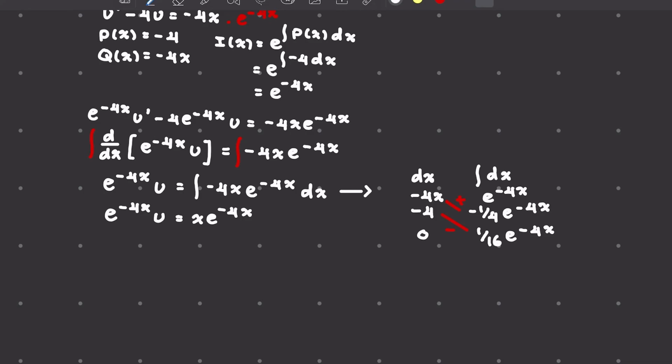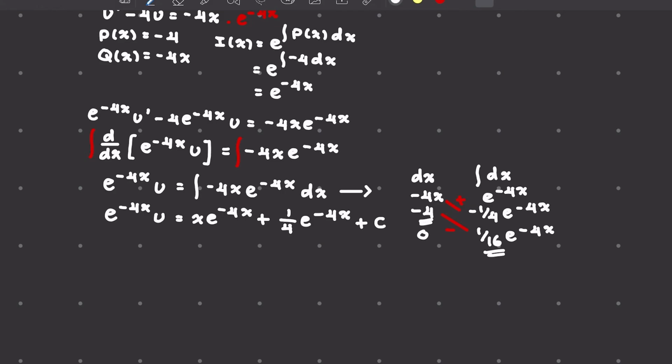The negative signs get rid of each other. And also, this one here, negative 4 times negative 1 over 16 e to the negative 4x will also be positive, and 4 times 1 over 16 is just 1 over 4 times e to the negative 4x. And don't forget here, plus c, or add a constant.